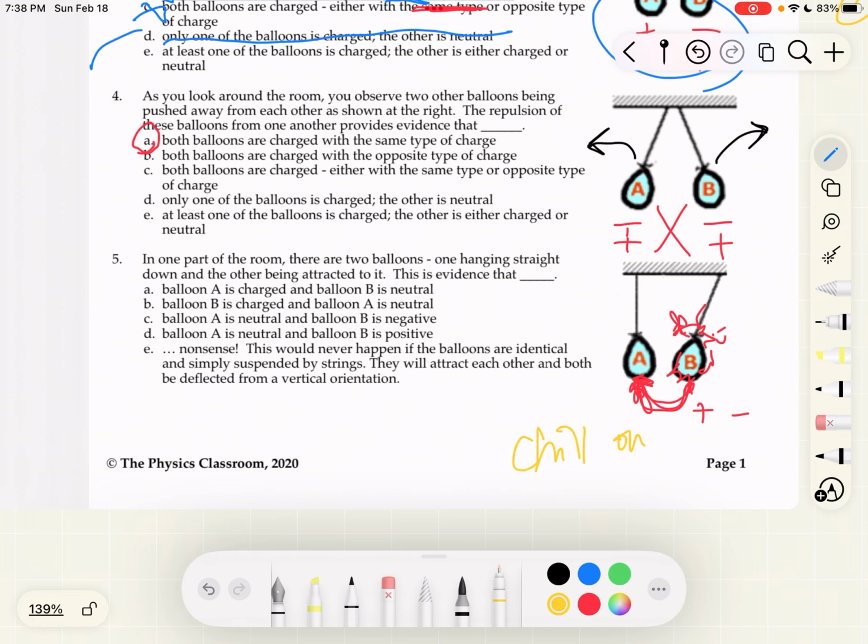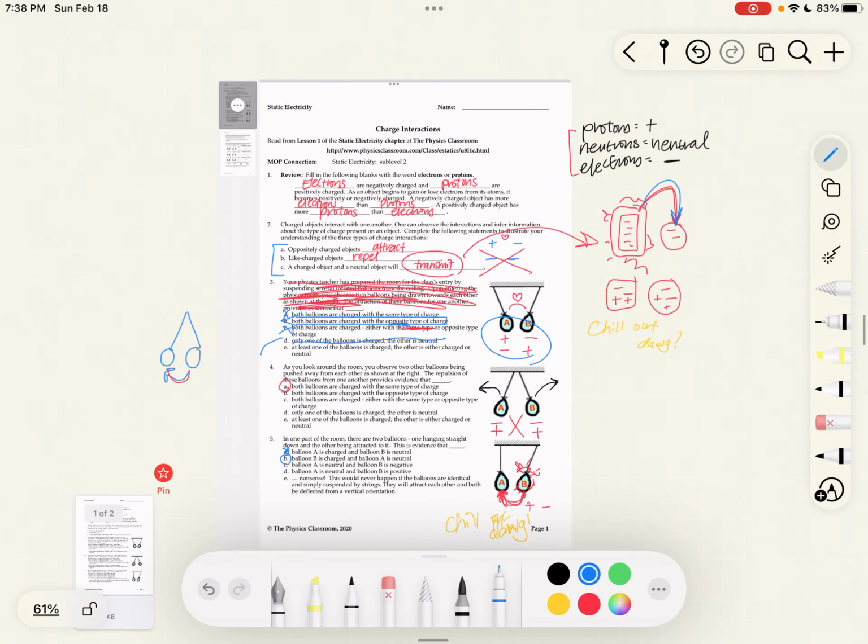Let me write it again. Chill out, dog. So, balloon A is charged and balloon B is neutral. No. Balloon B is charged and balloon A is neutral. Yes. Okay? Come back for part 2.